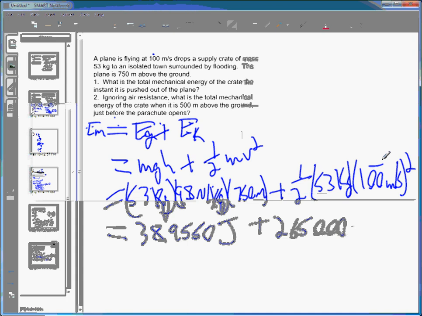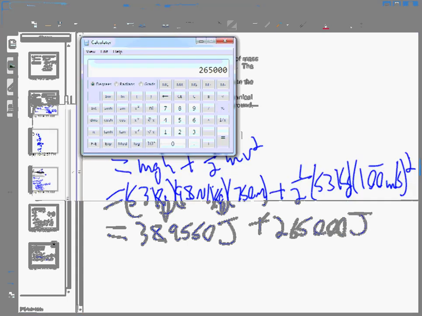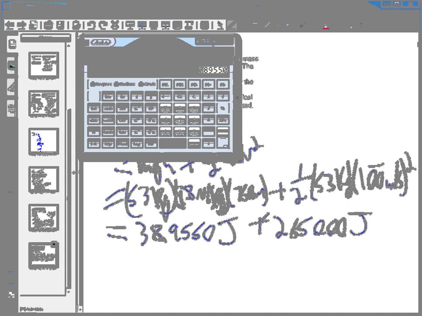We add these together. Oops. 654,550. Now we can only go to two significant figures, though.